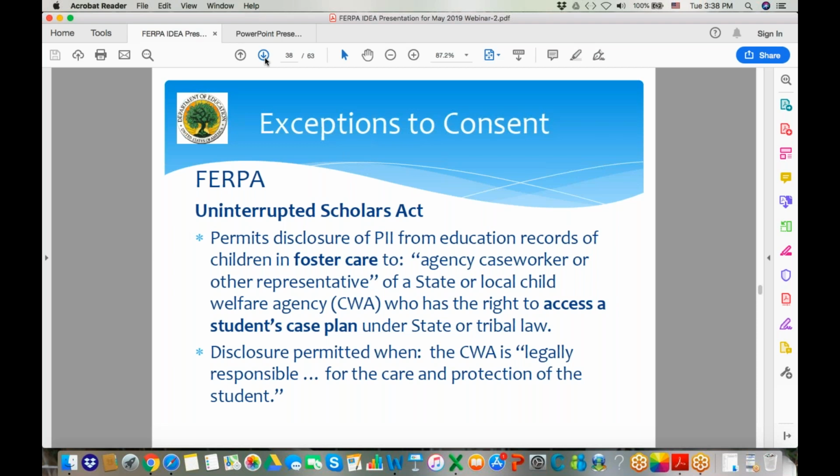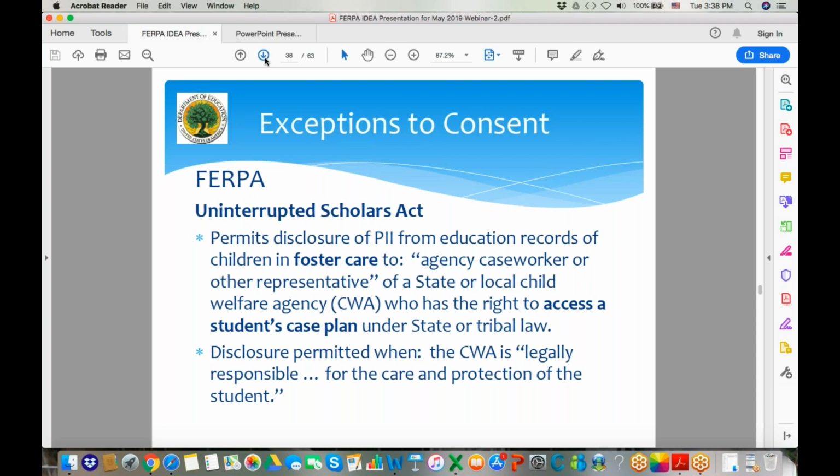So the Fostering Connections Act was a great thing. The only problem was it didn't address the actual disclosure of education records between children and youth agencies and the schools, which would be prohibited by FERPA.